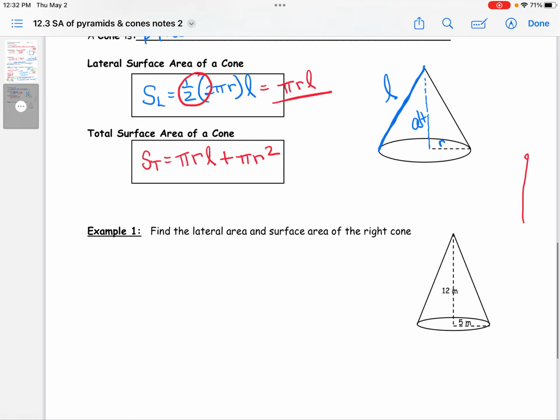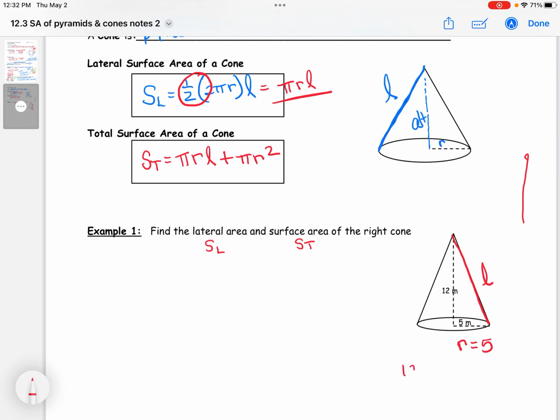Is that my last one? It's my last one. Okay. So we're finding the lateral area and surface area. So we're finding SL and ST. I know the altitude is 12 and the radius equals 5. So I still have a right triangle, and I'm looking for this.